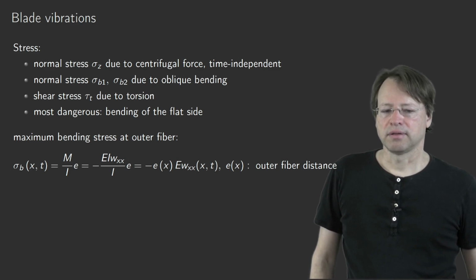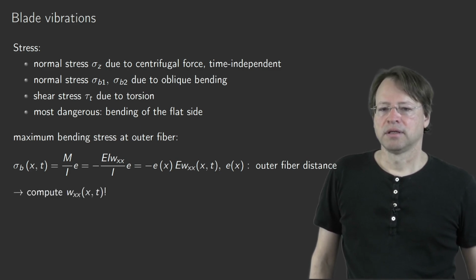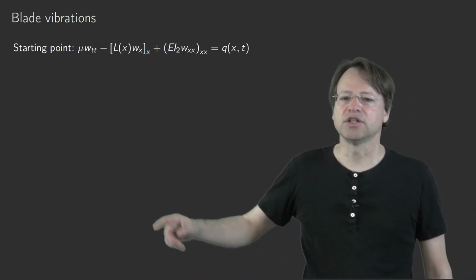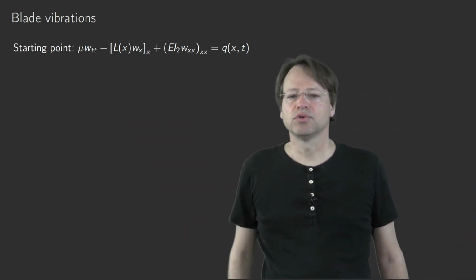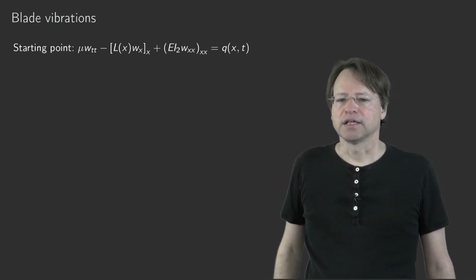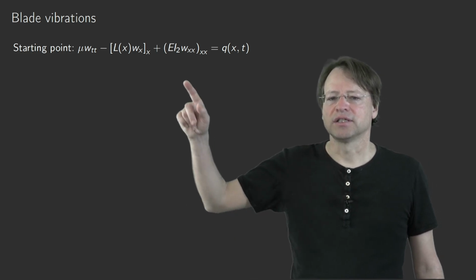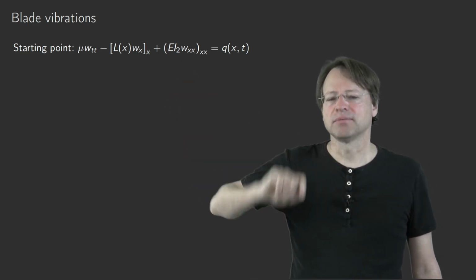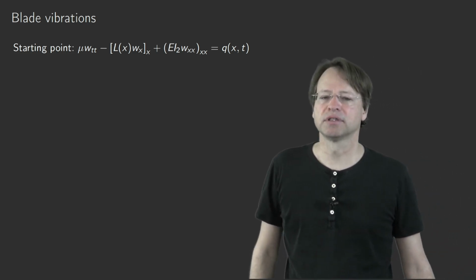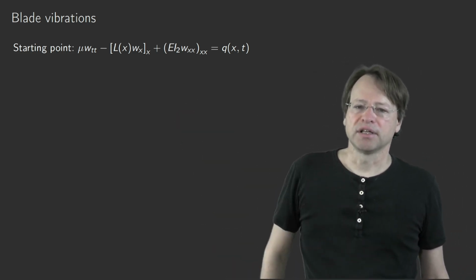Let's have a look at the equation of motion. It is the simplified equation you saw in the last video, decoupled from the other bending direction. The two principal bending directions are decoupled by neglecting all the coupling terms.